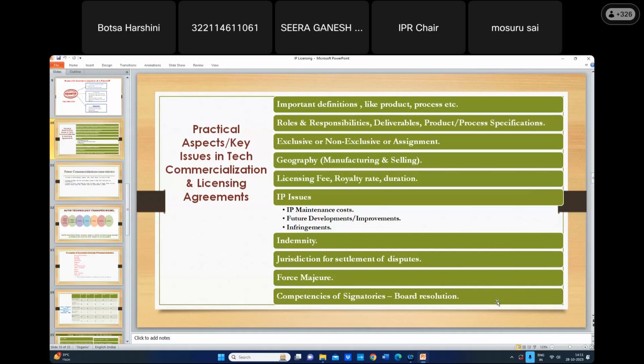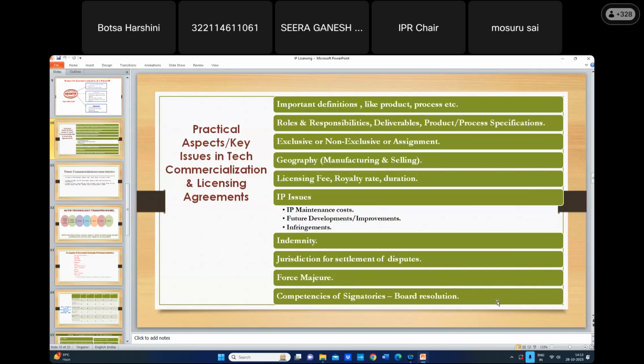And the roles and responsibilities again need to be defined. If a role or responsibility is not defined in the agreement, tomorrow someone may say this is not my responsibility. For example, who has to get a regulatory approval has to be clearly defined. Say you have established a plant and an environmental pollution control board approval is required.